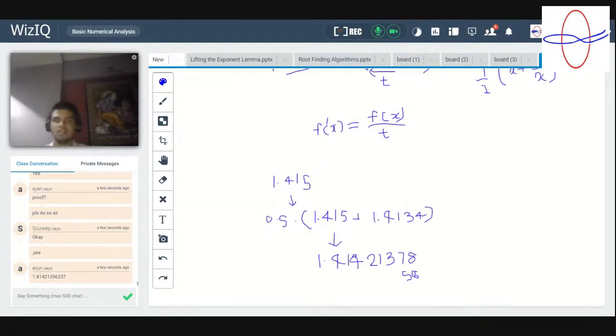Yeah, exactly. So the actual value differs by less than 2 upon 10 raised to 7. So from 3 digits of accuracy, we have gone directly to 6 digits of accuracy.